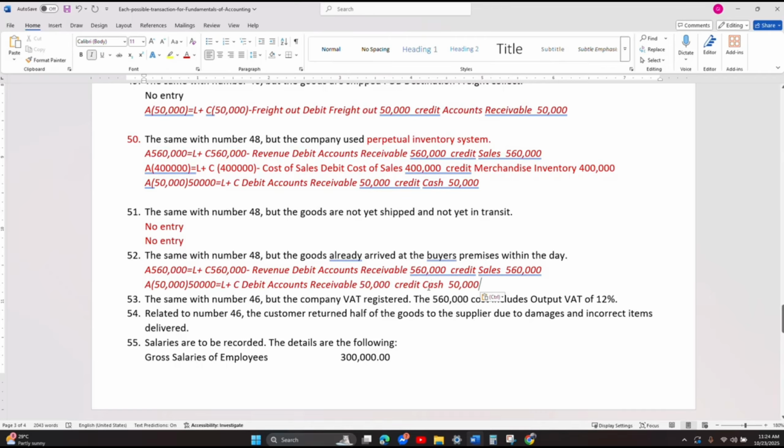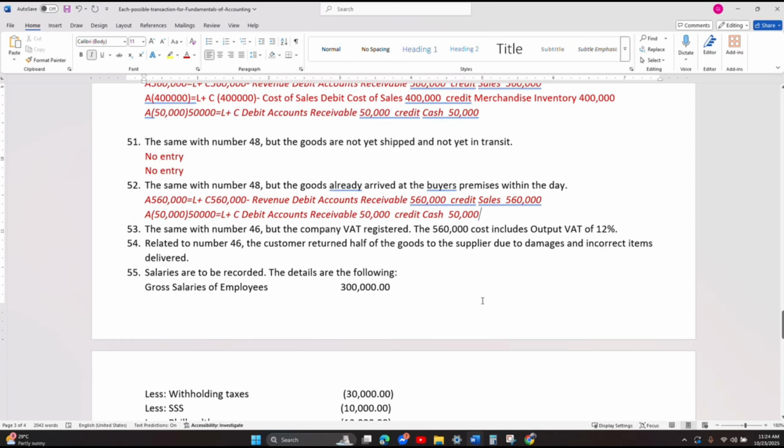So you still have to credit cash, but you are to recognize accounts receivable from the customer. Okay? So that's number 52. Let's go to number 53. The same with number 48, but the company is VAT registered. So the 560,000 includes output VAT of 12%.